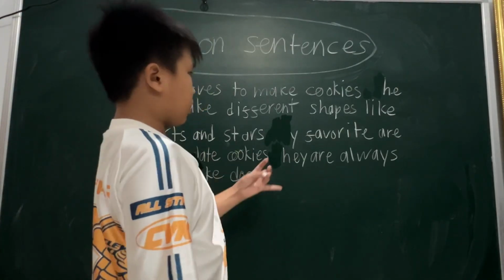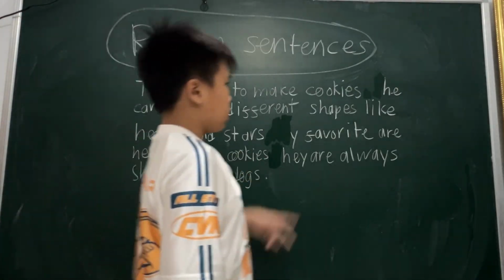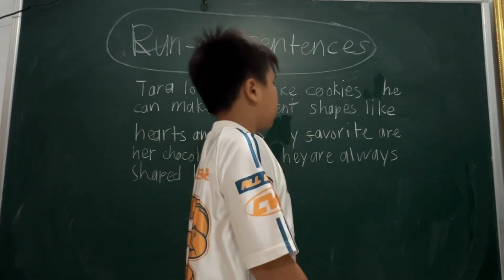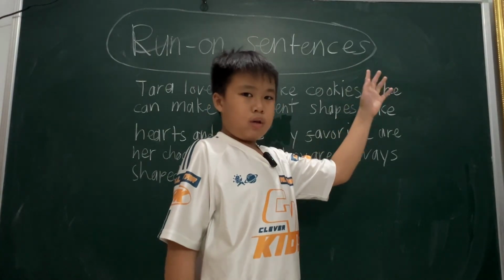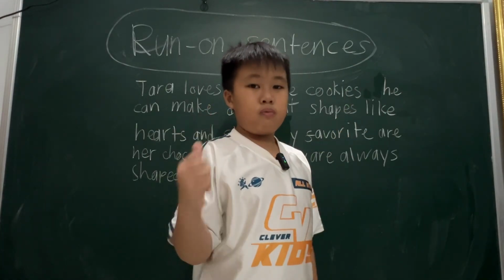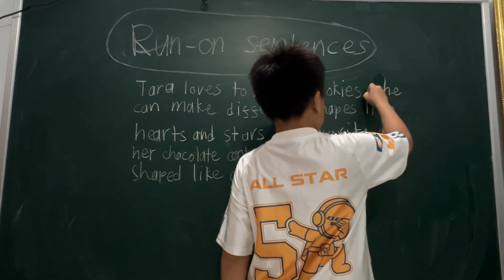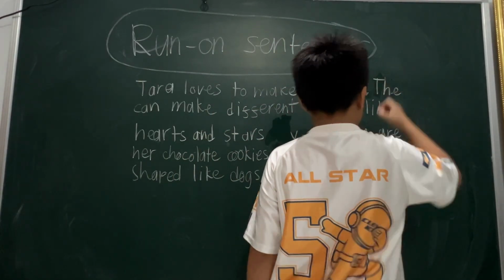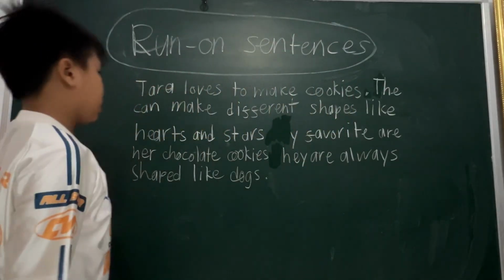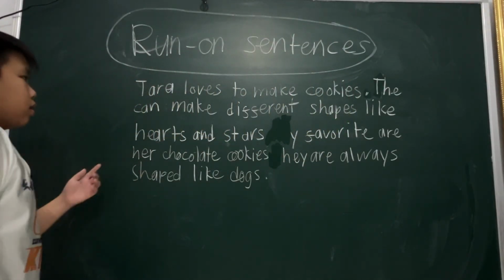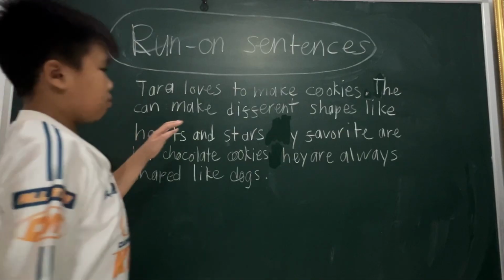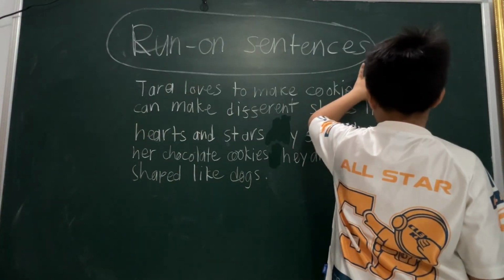Tara loves to make cookies. We already know this is she, but this is a very good place for the reader when they're reading for a dot. This is a good thing. This is a good start. Oops, I mean she, not the.